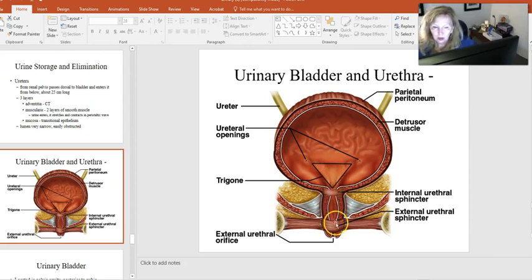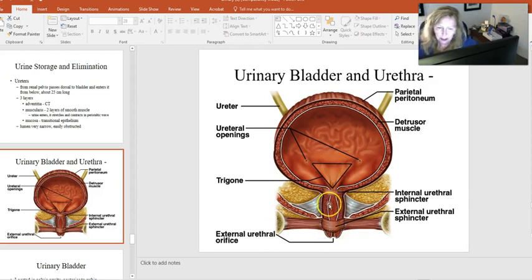And there are two round muscles, the internal and the external sphincters, that control voiding. So usually you have control of this around the age of 2 to 4, and before then you do not have control of that. But after that you typically do, and you're able to void.